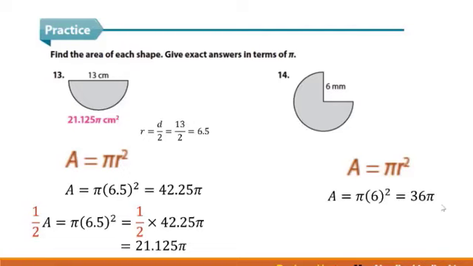But I need 3/4, so I multiply by 3/4. If I want half, I multiply by half. If I want 3/4, I multiply by 3/4. So I multiply my result 36 by 3/4. If I multiply together, I have 27. Then put pi. This is your answer.